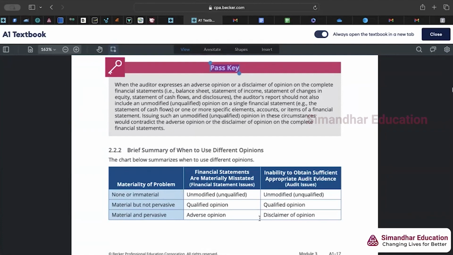Balance sheet, income statement, cash flow, equity roll forward, and the notes to financial statements. Now, when you're saying that there is an adverse opinion or a disclaimer on the complete financial statements, you cannot give another opinion that my cash flows is clean. That is a contradicting opinion you cannot give.